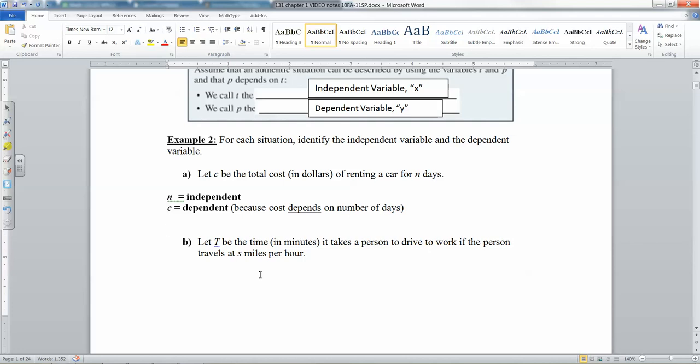But stopwatch time, the time it takes you to complete a task, for example, the task of driving to work, the task of finishing a puzzle, that kind of time tends to be dependent on something, right? So the time it takes you to drive to work depends on how fast you drive, right? So this is miles per hour. That's how fast the person's driving. So that's independent, right?